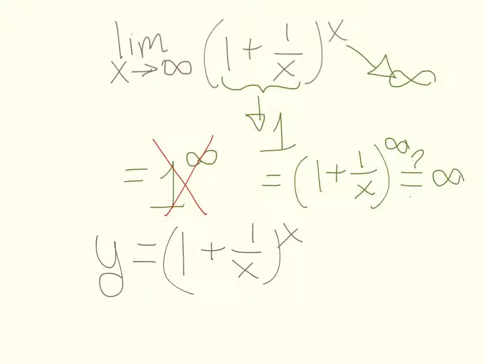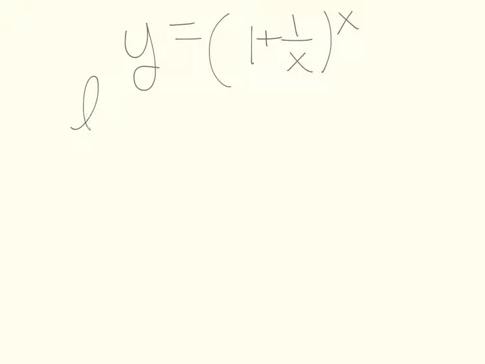I have an exponent, and in algebra, when we have a variable in the exponent, one thing we often do to get that variable out of the exponent is we take the log of both sides. So let's take the natural log of both sides.